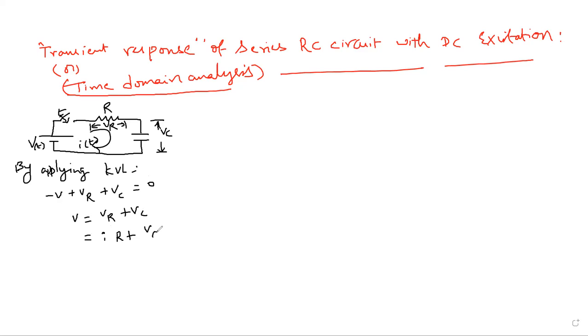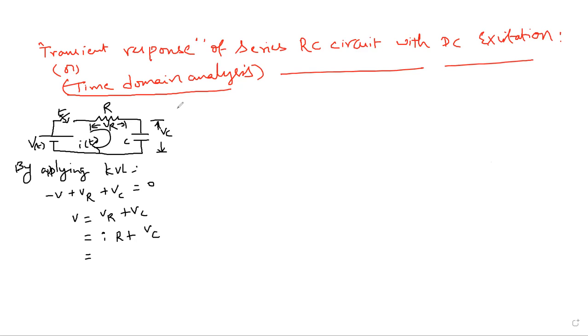IR plus VC. For this derivation, in the place of the inductor, what are we having? Capacitor, right? What is the property of a capacitor? It does not allow sudden changes of voltage. Whereas an inductor does not allow sudden changes of current.